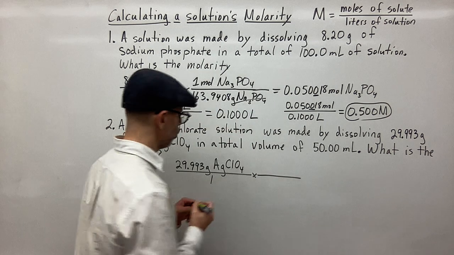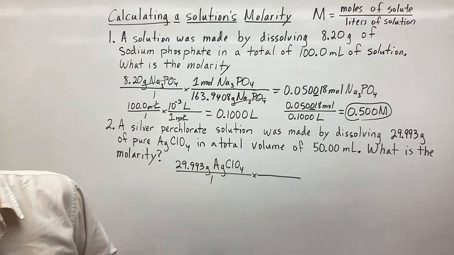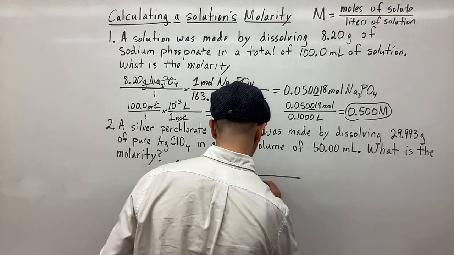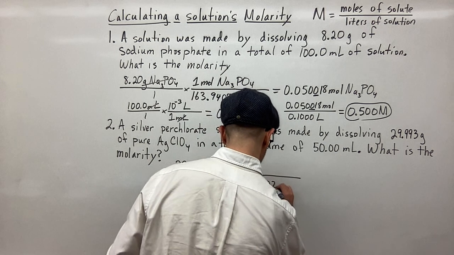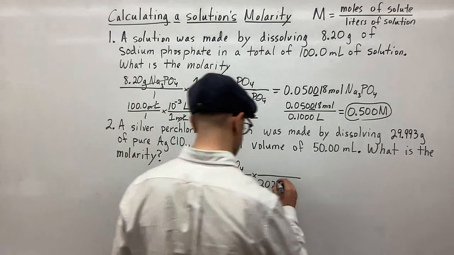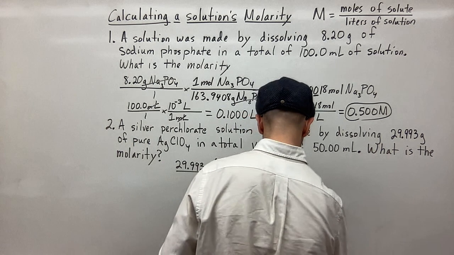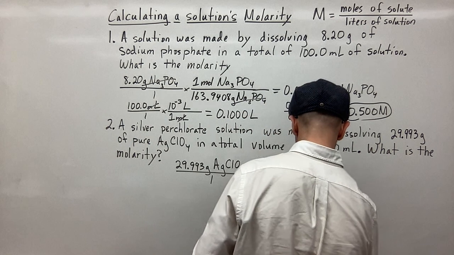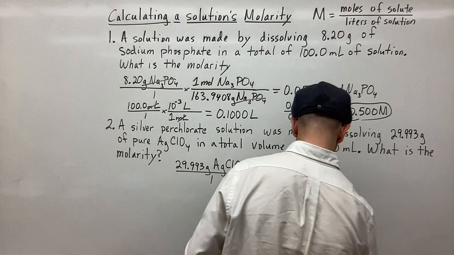And we're going to use the molar mass, and the molar mass is 207.3176 grams of the AgClO4.